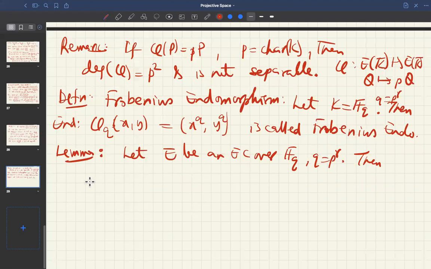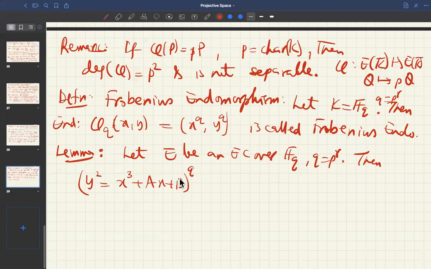Take y squared equal to x cubed plus ax plus b. If you take the power q, note that q is a power of p, so you can keep on taking p-th powers.